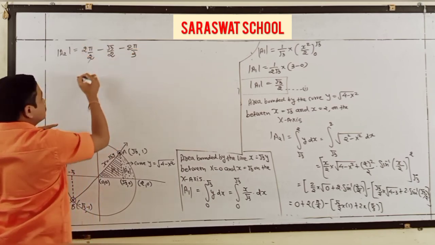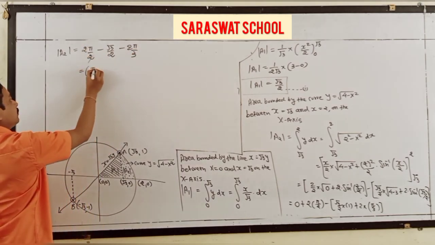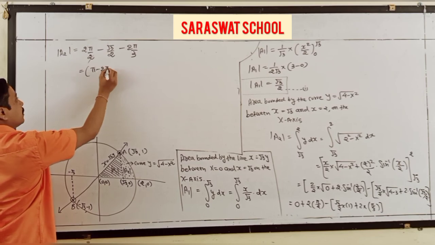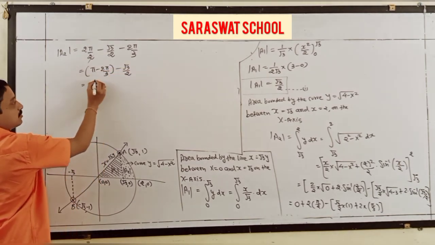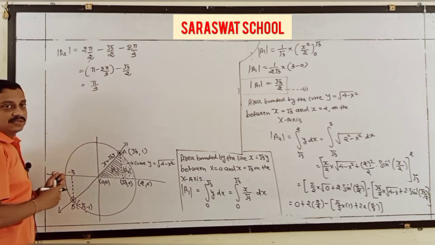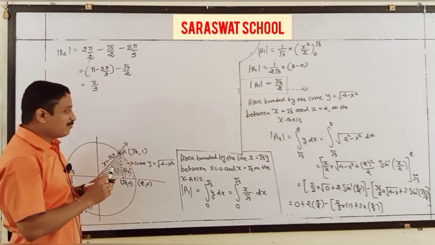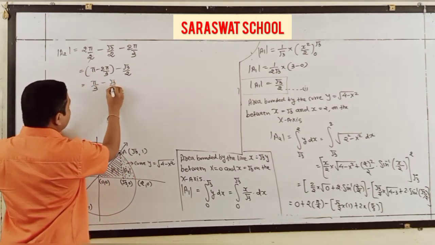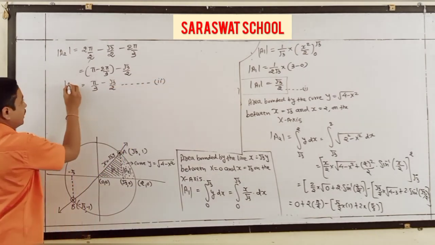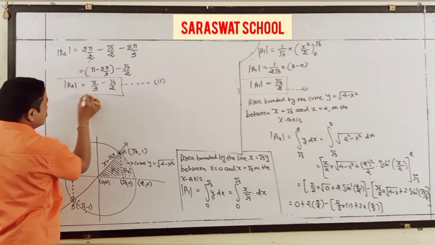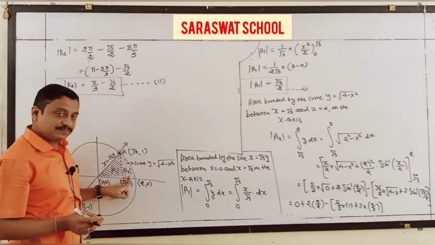This cancels. So you collect pi minus 2 pi by 3 and the other root 3 by 2 same. So it is pi minus 2 pi by 3, itself pi by 3. 3 pi minus 2 pi, 1 pi, or root 3 by 2 same. That's your statement number 2, the area A2. Here, students, you can create this region.